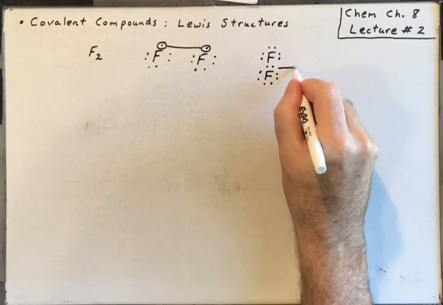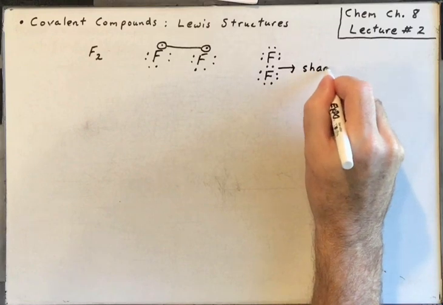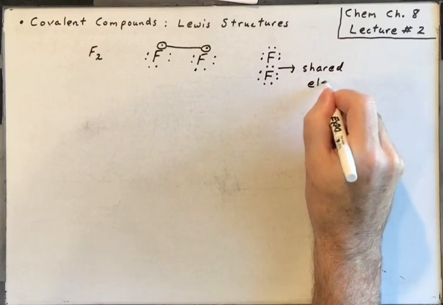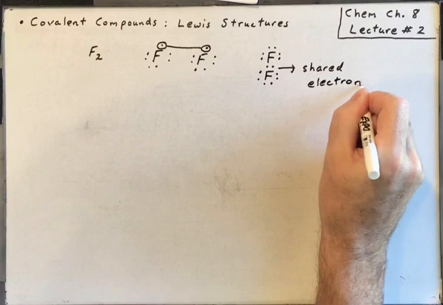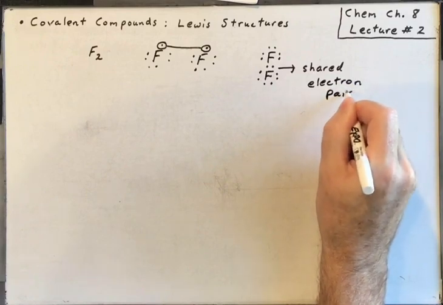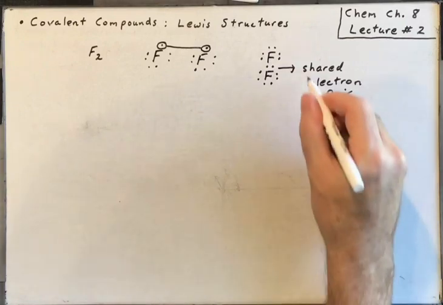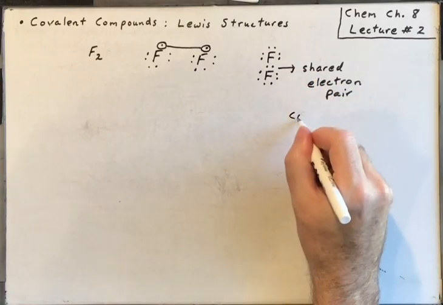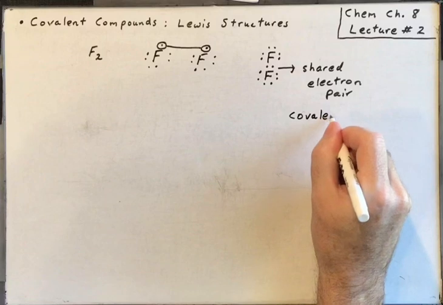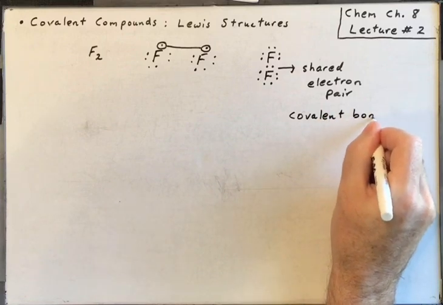And here you would have a shared electron pair. All right, so this shared electron pair is called a covalent bond.